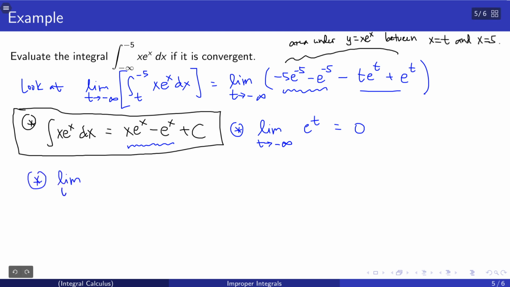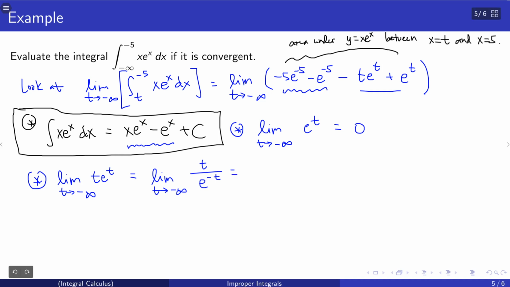Now how about the limit as t goes to minus infinity of t e raised to t? Well, that's actually an indeterminate form here. Right? This is minus infinity times 0. So using ideas from differential calculus, I'm going to rewrite this as t divided by e raised to minus t, using a law of exponents.